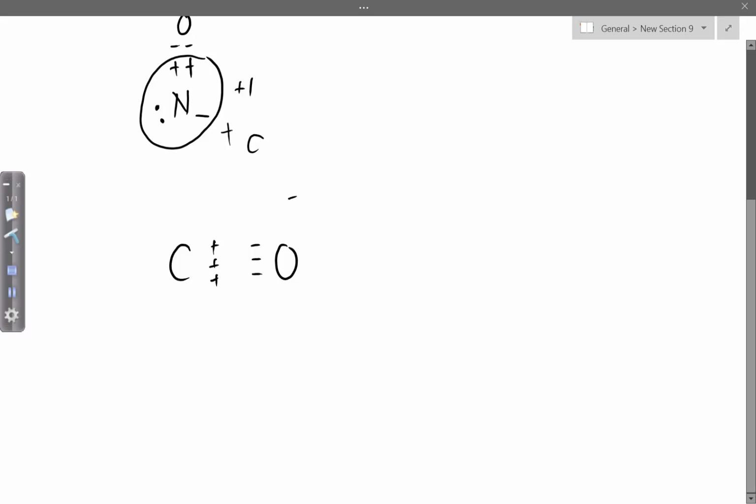If you look at the carbon monoxide dot and cross diagram, you realize something strange about it. The dot and cross diagram is actually like that. There's a dative bond, so in fact the correct structure should be like that.